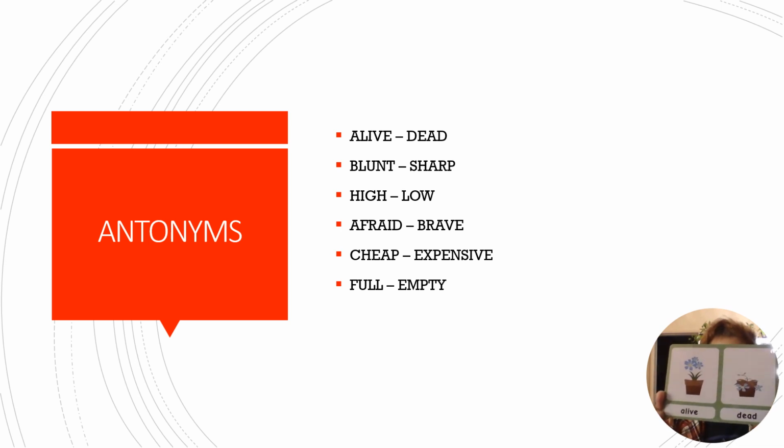You see the plants? On one side, you see the plant that's looking good, it's alive, and the plant that's not looking so good is the dead plant, right? You see that?